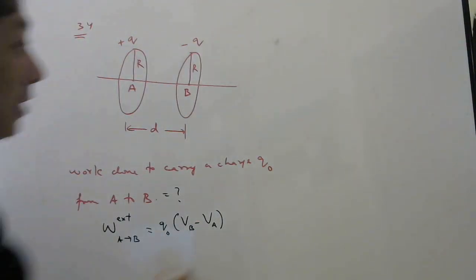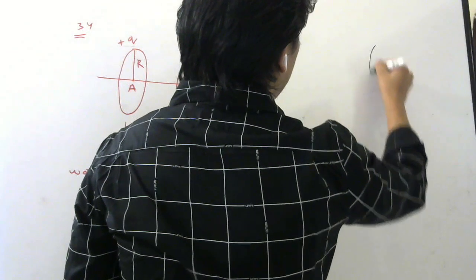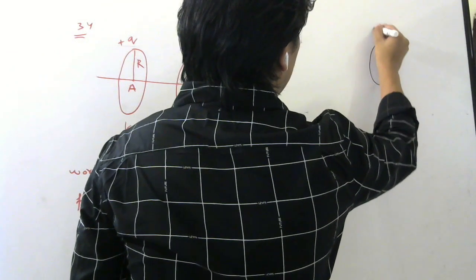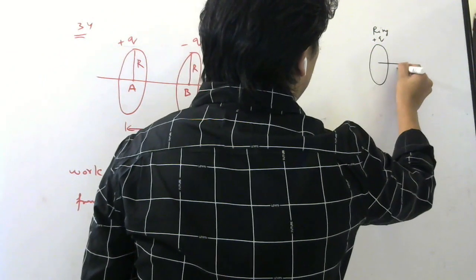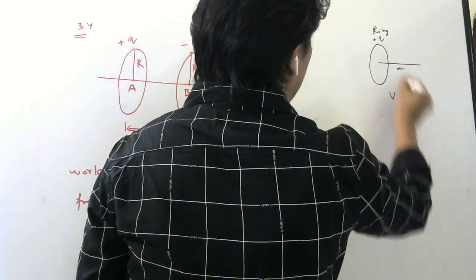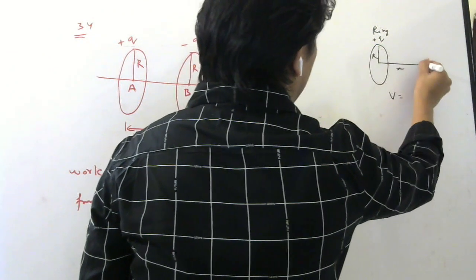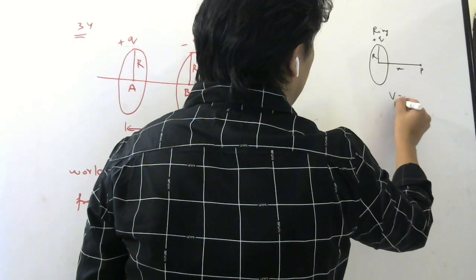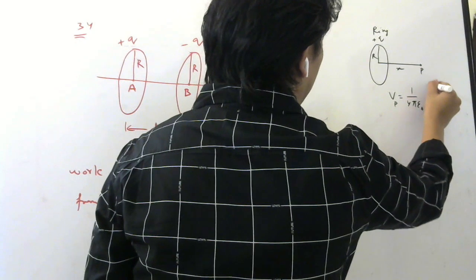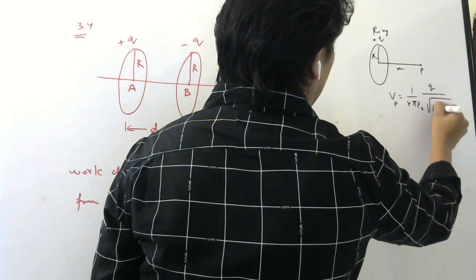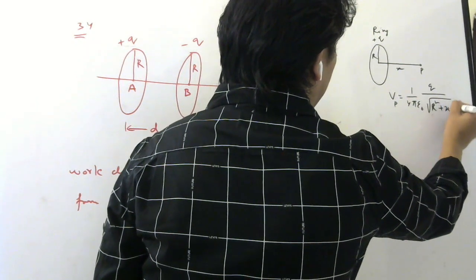So for that I need to remind you about potential due to a ring. If I have a ring of charge plus Q, then at a distance x with radius r, the potential due to this ring is 1 by 4 pi epsilon naught Q divided by root over r square plus x square.